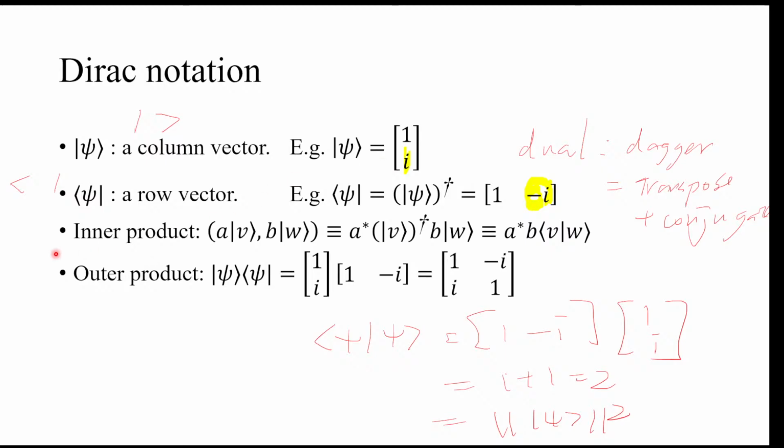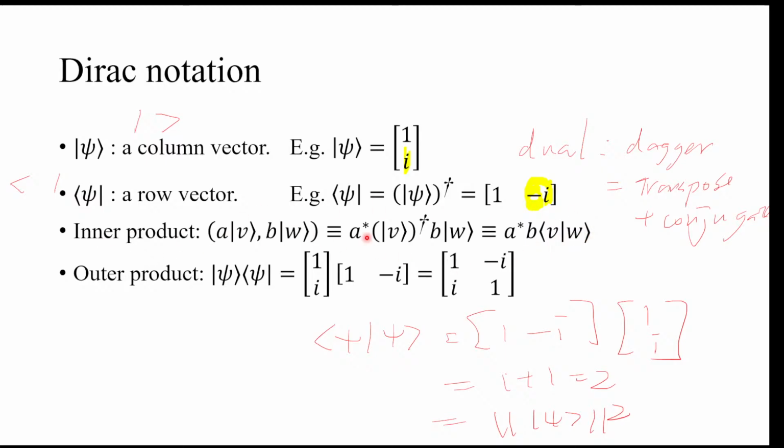And we have the inner product of two vectors: you take the adjoint of the first vector, then multiply by the second vector. So the inner product of a V and b W is a star b times the bra V times the ket W. The most important thing here is, once again, the inner product is a number.